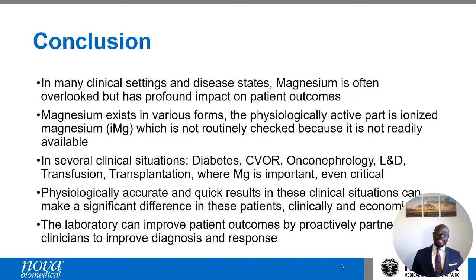And as we just saw in the Salinas study's results, if there is proactive collaboration between the lab and clinicians, you can have improved outcomes just by improving the testing for magnesium levels, detecting low or high magnesium, and acting on it based on your clinical knowledge.